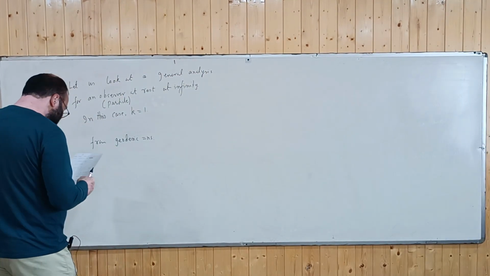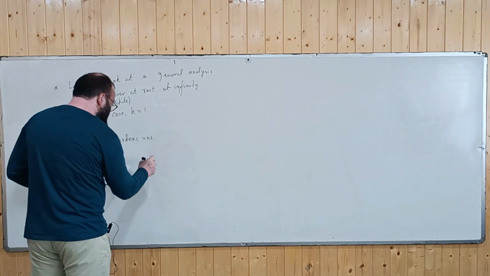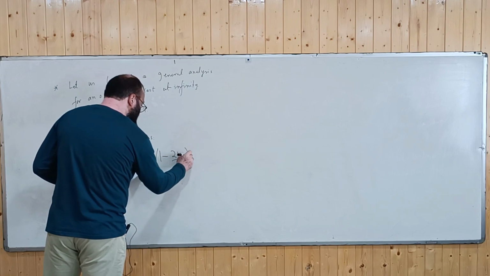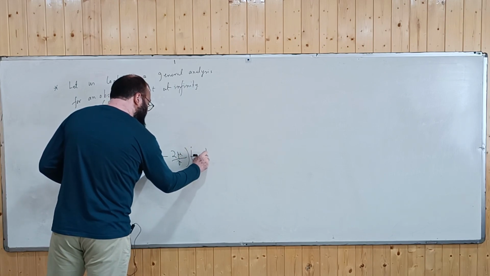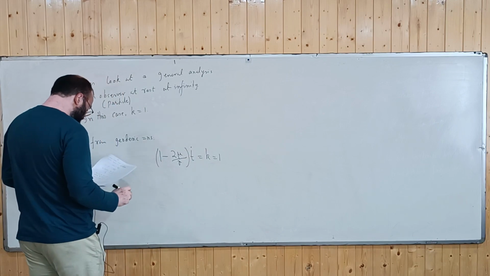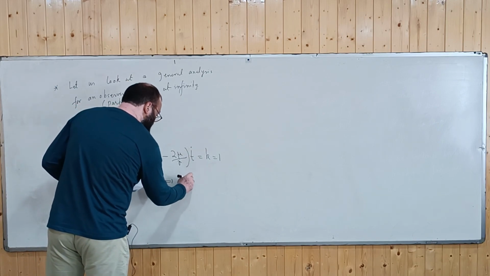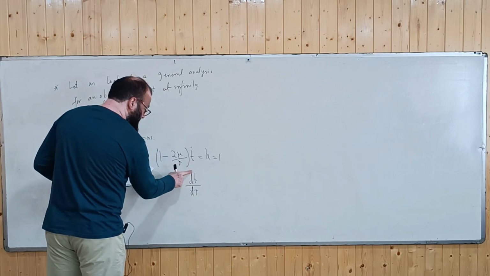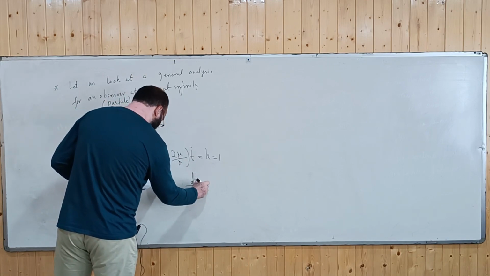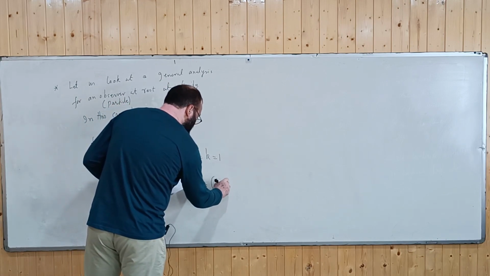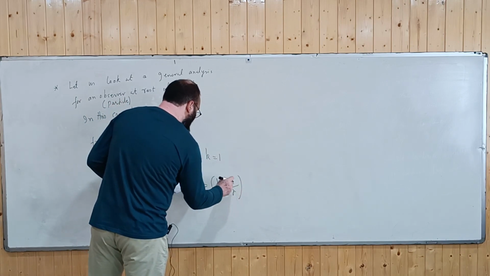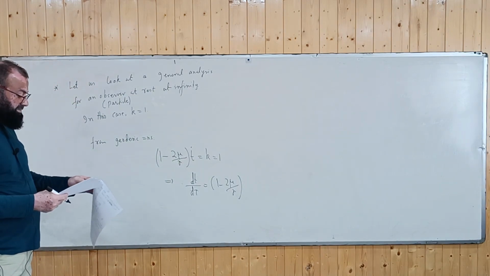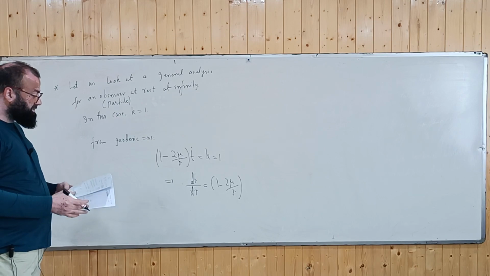So let's do the analysis. What are our geodesic equations? These are (1 minus 2 mu by r) t dot, that's equal to k, that's equal to 1. Which implies dt by d tau, since t dot means dt by d tau, is equal to 1 minus 2 mu by r, to the power minus 1.